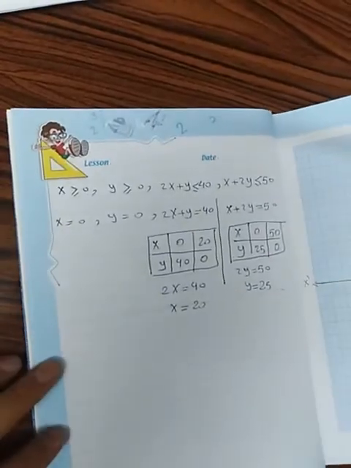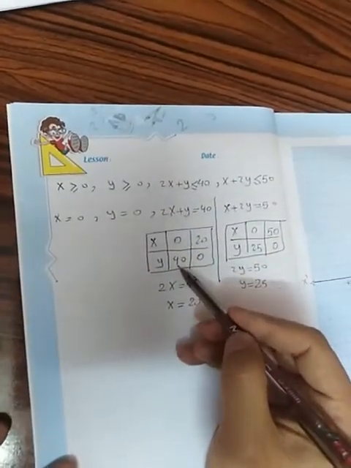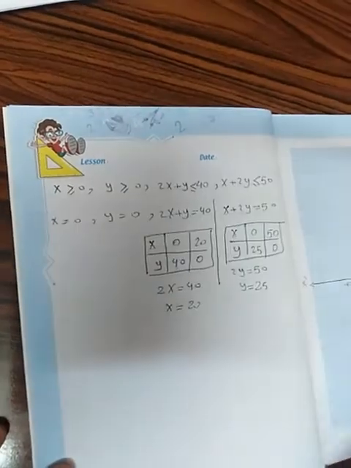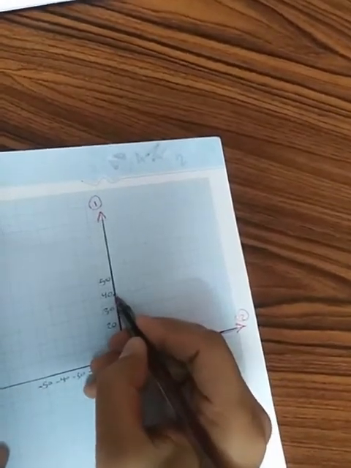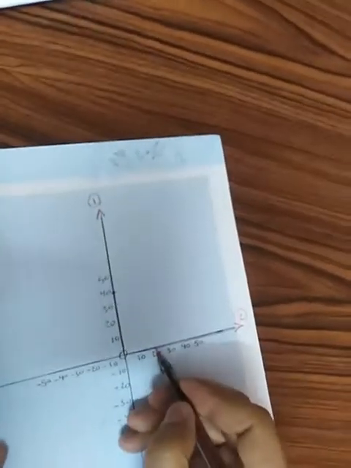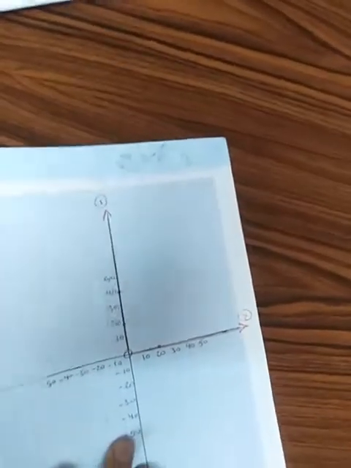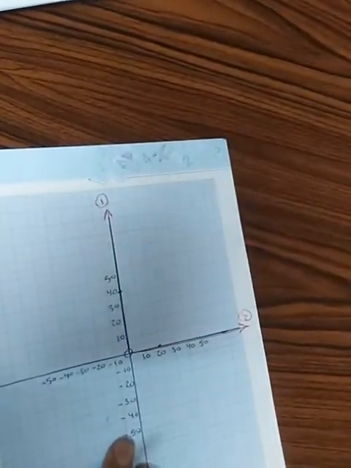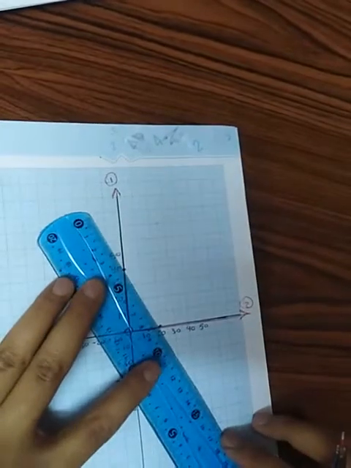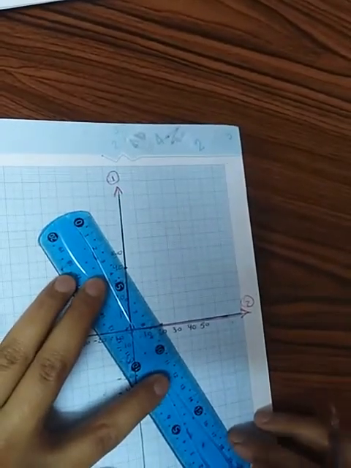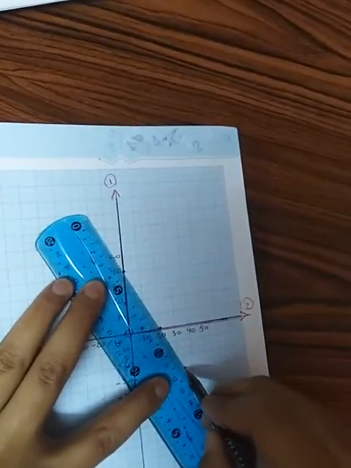According to number 3, I'll use 0 and 40, and after that 20 and 0. Okay, this is a straight line. The inequality contains equal, then I'll graph this straight line solid.